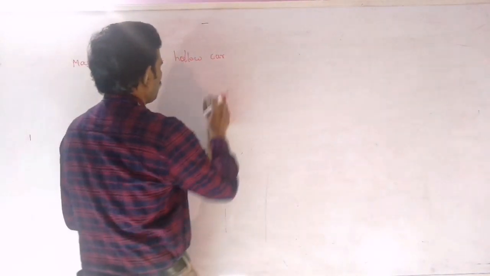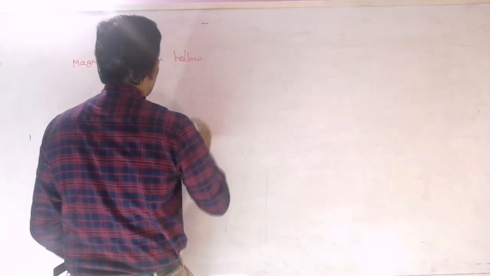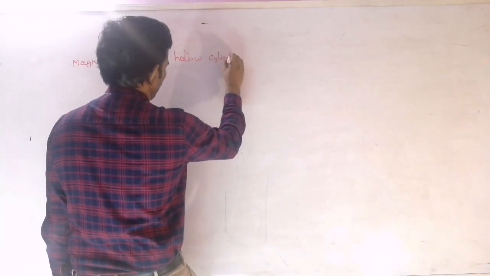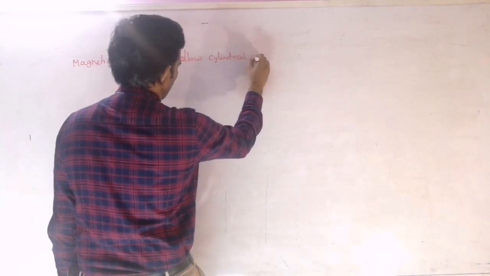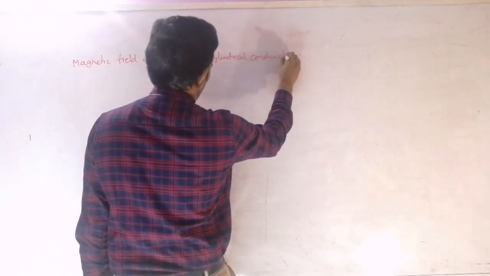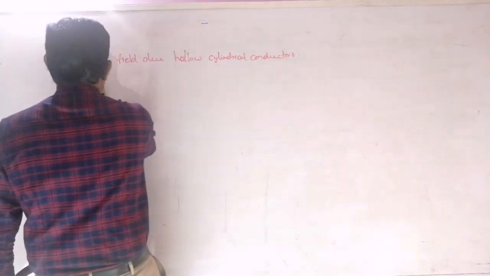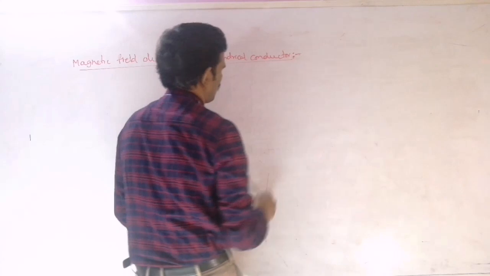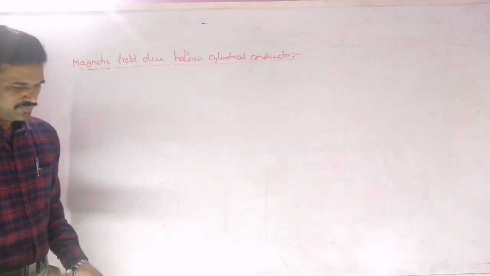Hollow conductor means generally we consider hollow cylindrical conductors, like a pipe, if current is flowing along a pipe.